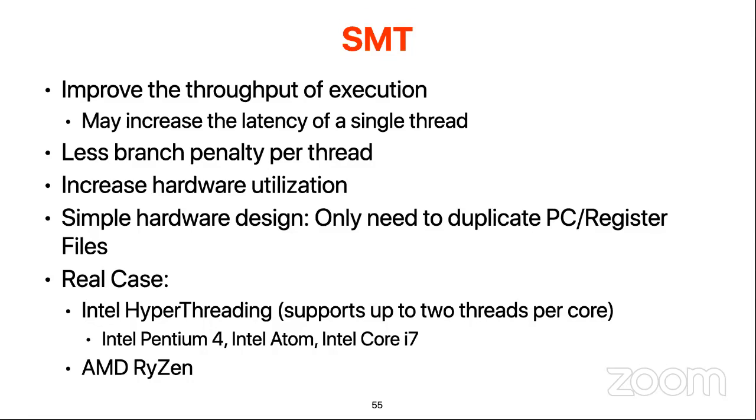It also increases the hardware utilization, and that's the whole purpose of SMT. And you only need to duplicate the PC and register file to support SMT. That's why Intel processors and AMD Ryzen processors all support SMT.